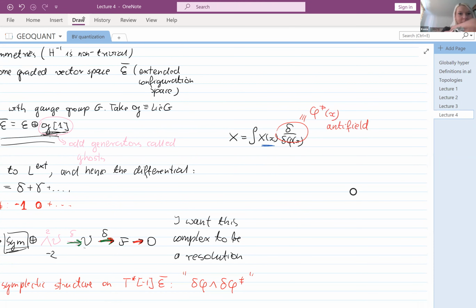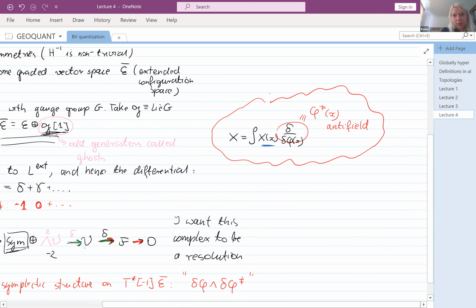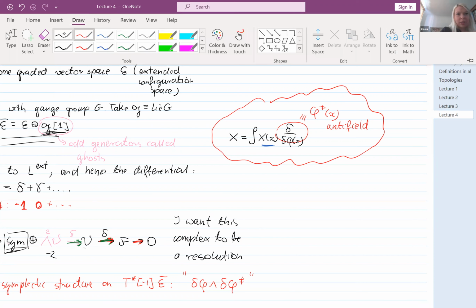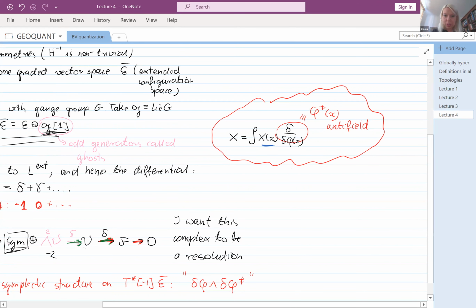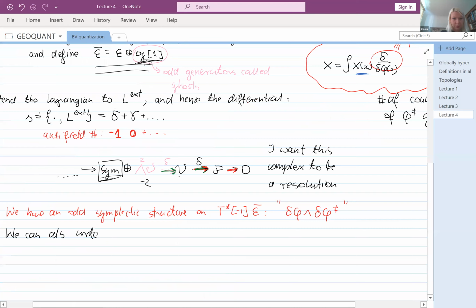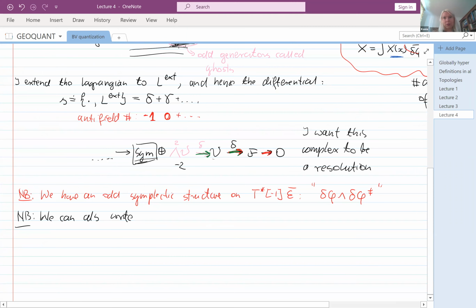So this is the note on the margin. So the antifield number counts the number of these odd generators.